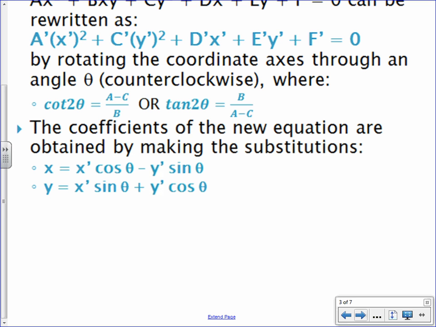Okay, so let's put this in perspective here. We're going to figure out what kind of conic we have to start with. Then we're going to need to figure out what angle this conic has been rotated by. After we have our angle, we are going to redefine our variables. So we're going to have a binomial for each variable that we then have to plug in, and we're going to have to do a bunch of algebra to rewrite our equation.